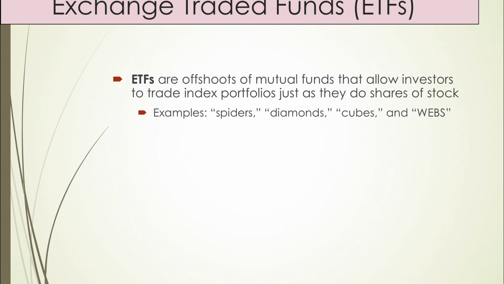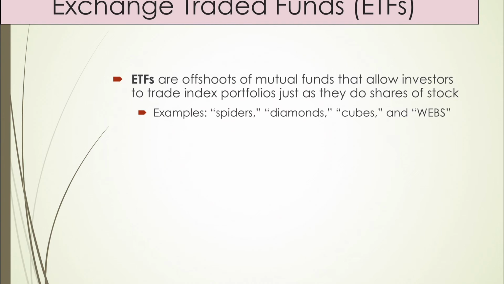Some examples of ETFs are spiders. This is an S&P 500 ETF. They kind of match the S&P 500. Diamonds try to index the Dow Jones. Cubes index the NASDAQ 100, and then with webs they index the foreign stock market indexes.